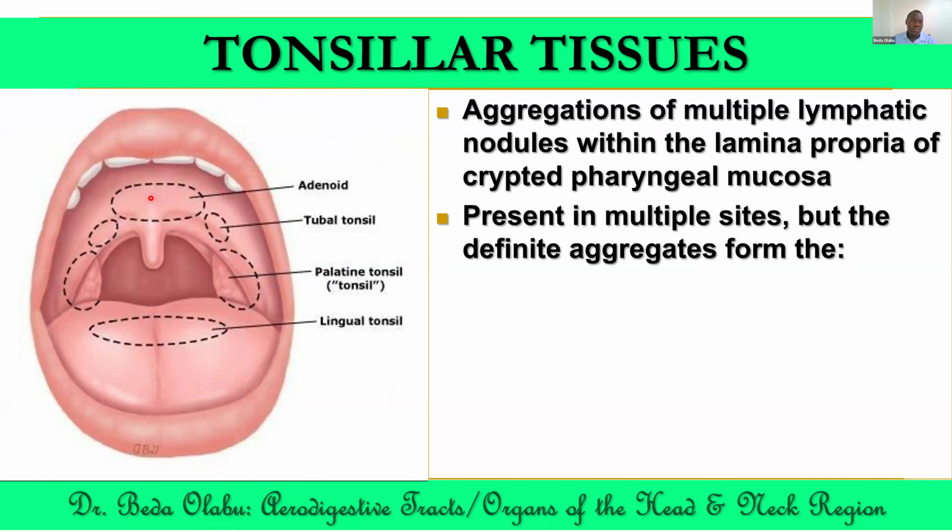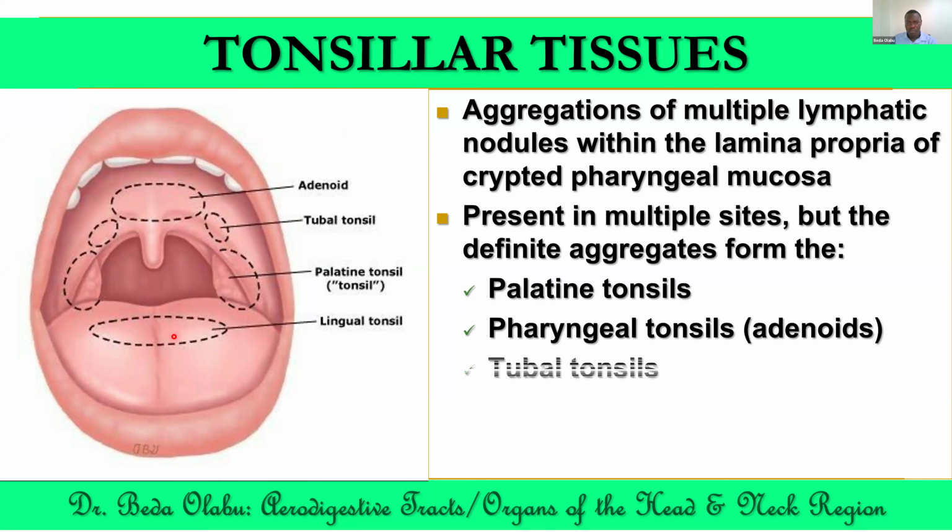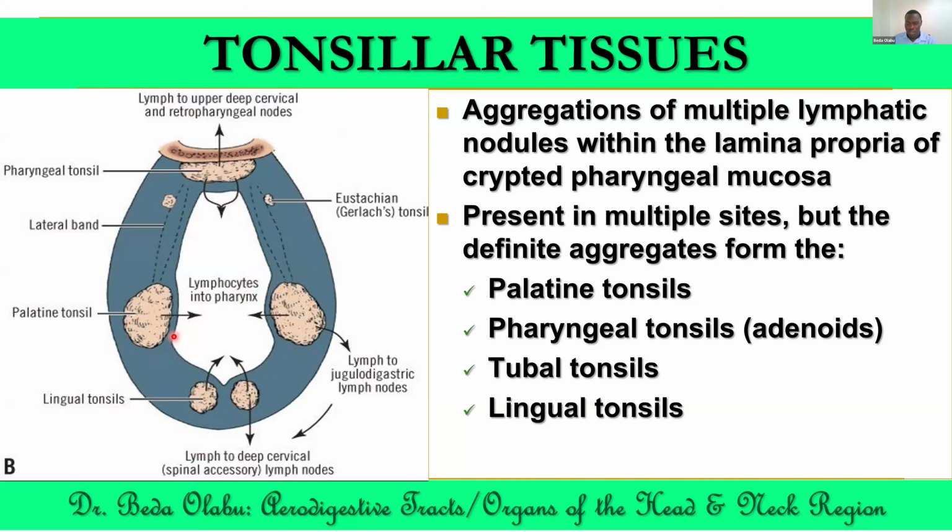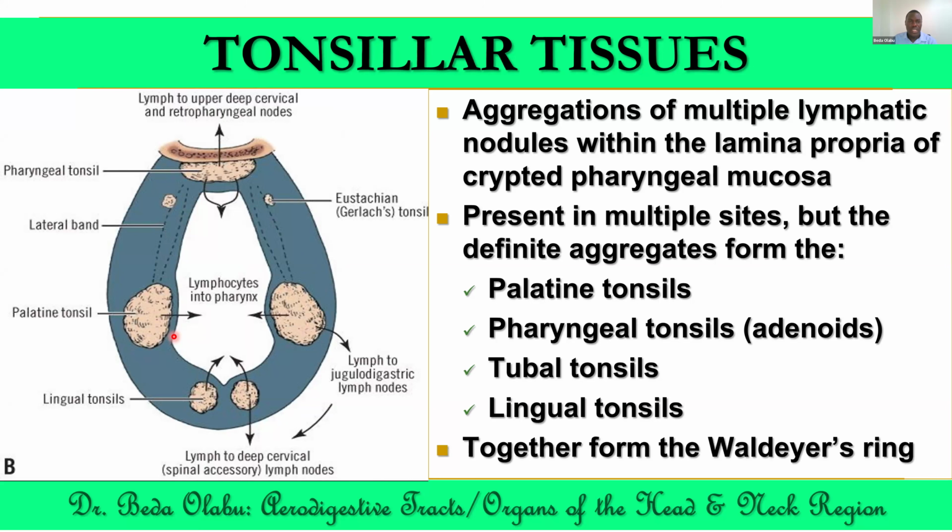So these are their predicted locations: pharyngeal tonsils there, tubotonsils, palatine tonsils, and linguotonsils. Remember, collectively, we call them the Waldeyer's ring.